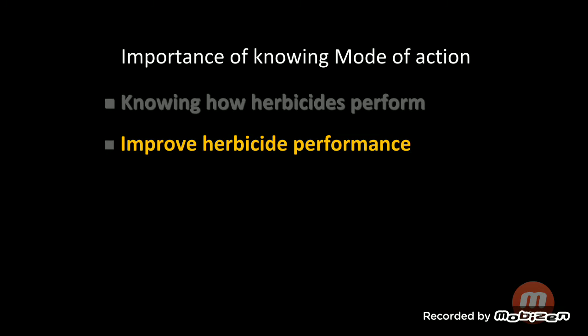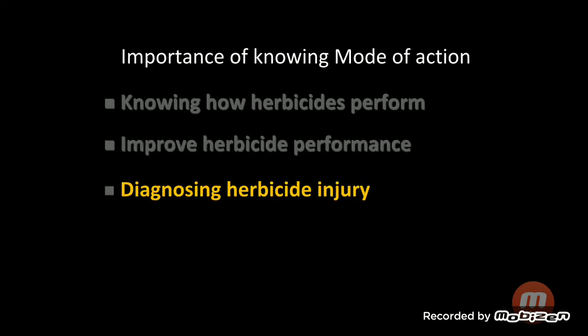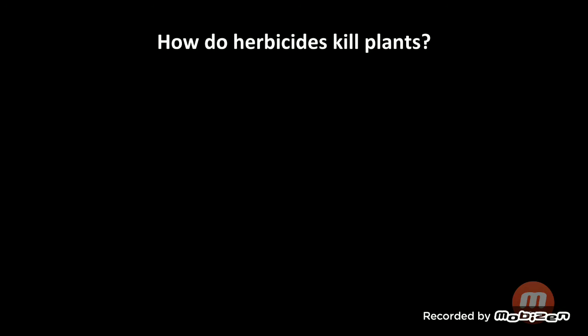If you use the herbicide according to its mode of action, you can improve its performance, save the herbicide, and save the cost. It also helps to diagnose herbicide injury. By mistake, if a wrong herbicide has been applied, then looking at its symptoms, you can understand which herbicide has been sprayed by the farmer, and then you can do something about it. That is diagnosing herbicide injury, if by chance it happens.